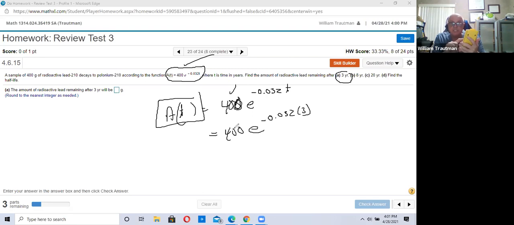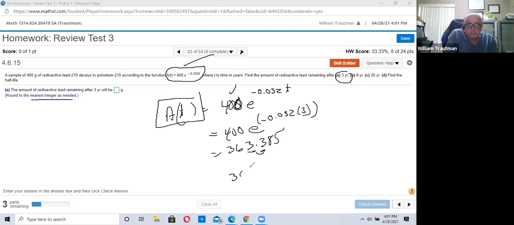Second ln, which is e, raised to the, I like to put the powers always in parentheses, negative 0.032 times 3, close that parentheses, and it looks like I have everything typed in correctly. I get the amount of radioactive decay left is 363.385. It says round to the nearest integer. Integer is a whole number, so it's just 363.